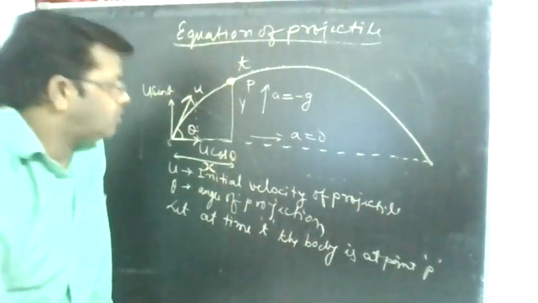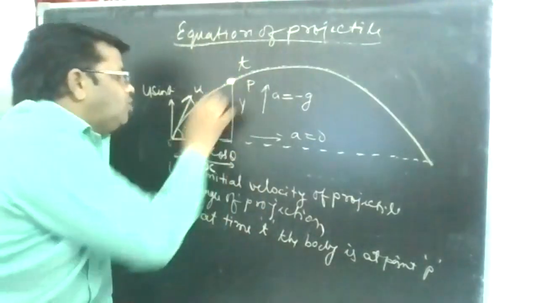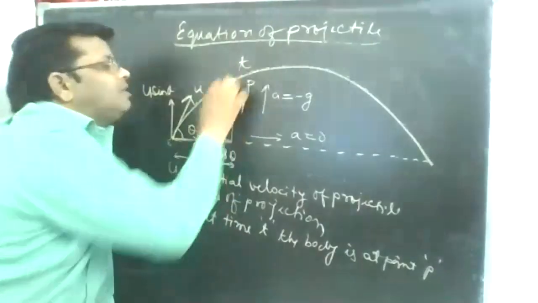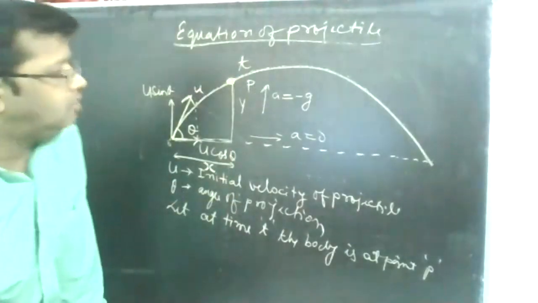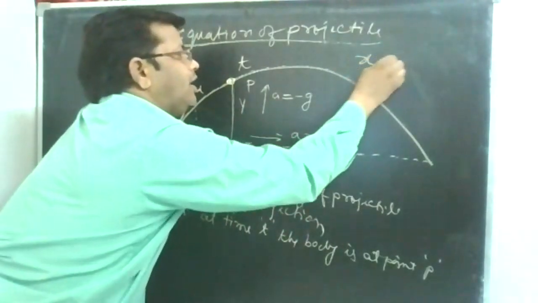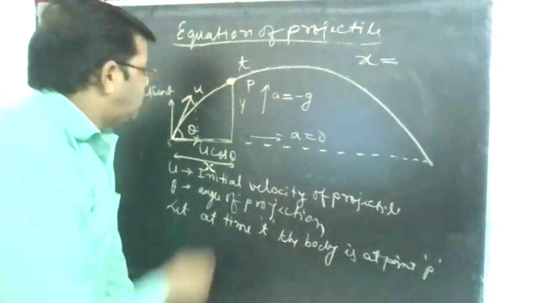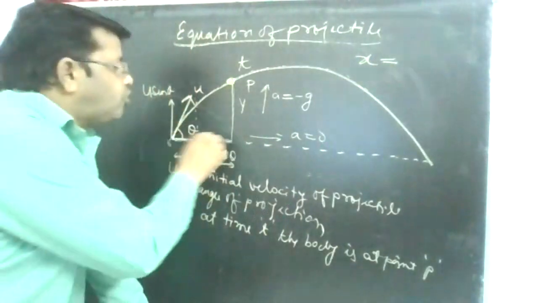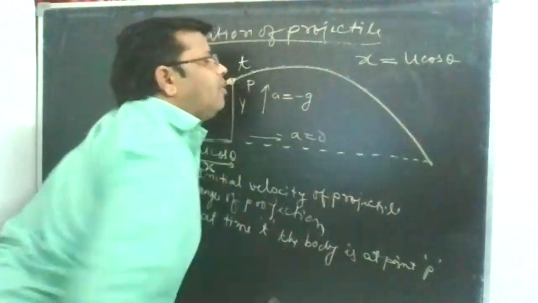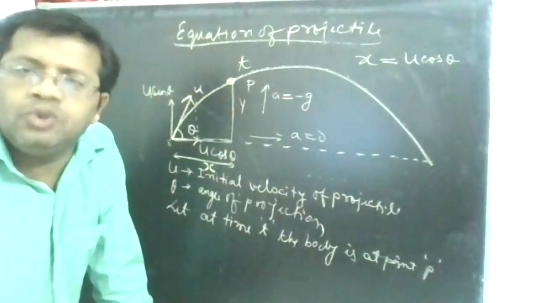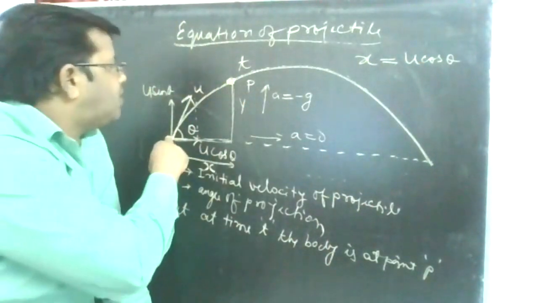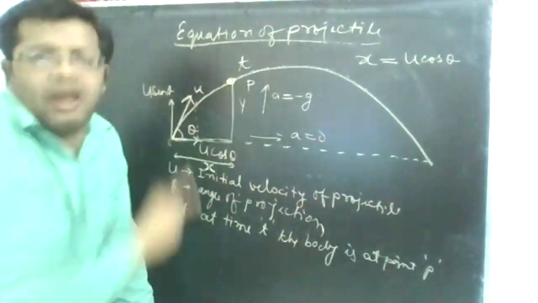Now you see here, beta. When the body reaches here, what is the horizontal displacement? x. And what is the vertical displacement? y. So beta, you can say s is equal to ut; in the horizontal direction the displacement is x. What is the velocity? u cos theta. Beta, along the horizontal direction, what is the velocity? u cos theta. And what is the time taken by the body to move from here to here? t is the time.